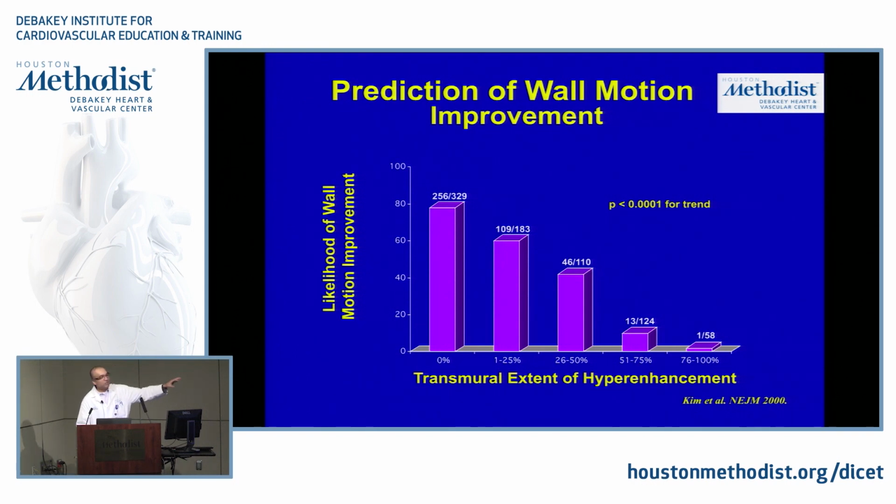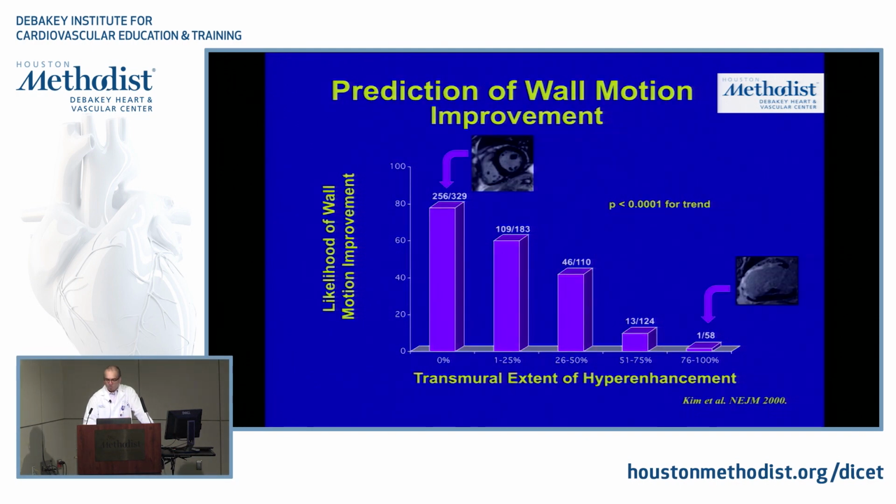This publication looked at improvement after revascularization, either percutaneous or surgical. Notice on the right-hand side, for those segments that showed greater than 75% hyperenhancement, the likelihood of improvement was very, very low, essentially close to zero.